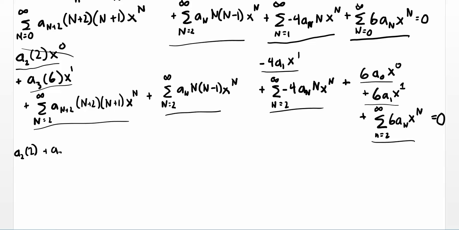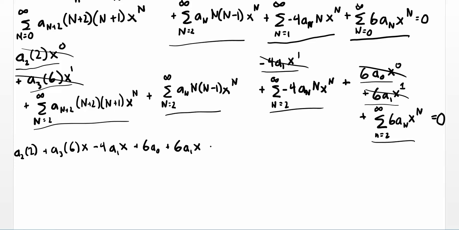Plus a sub 3 times 6, x takes care of that. Minus 4 a sub 1 x takes care of that. Plus 6 a sub 0, x to the 0 is 1, takes care of that. Plus 6 a sub 1 x takes care of that.